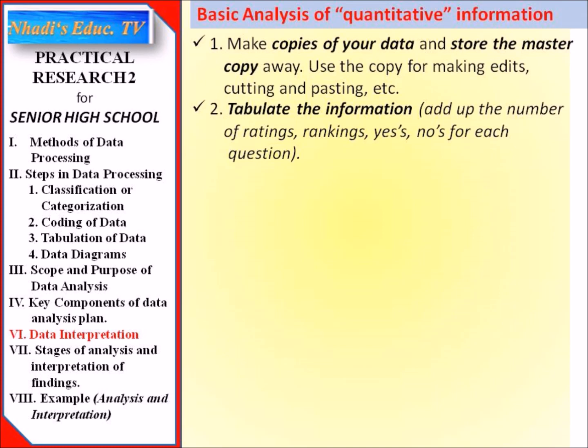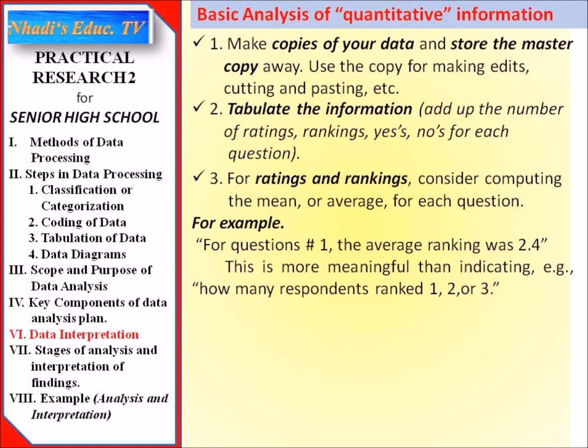Number 3, for ratings and rankings, consider computing the mean or average for each question. For example, for question number 1, let's say the weighted mean of their scores, the average ranking was 2.4.